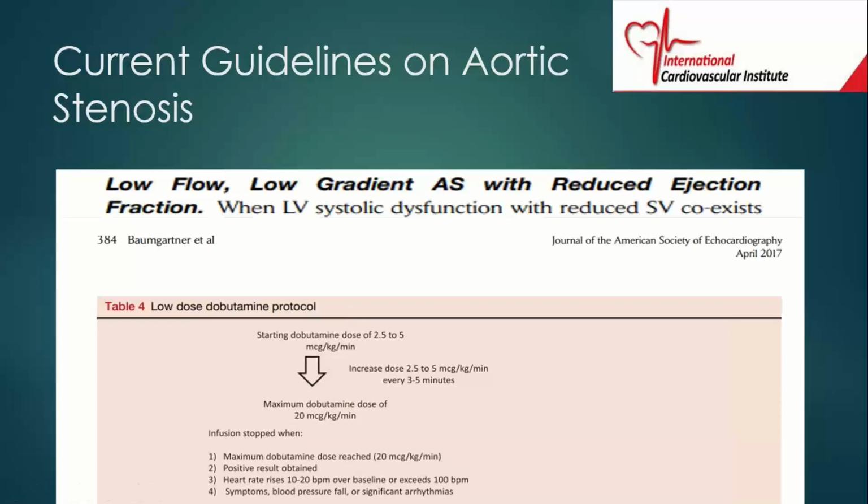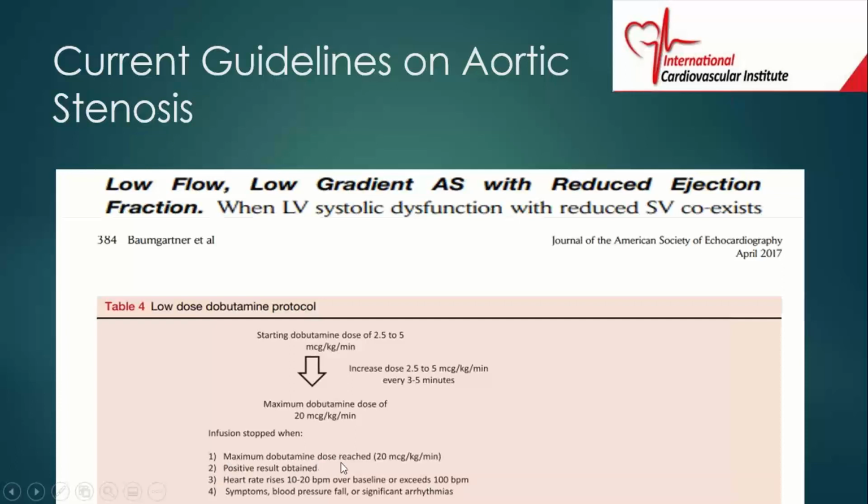How do you know you reached your target? So these are the things that we look at to determine if our target is met. So again, if the maximum dose of the dobutamine is 20, that you can't give anymore, the protocol is finished. If you reach the maximum of 20 micrograms per kilogram per minute, then the study is finished. Again, remember, you're starting at 2.5 to 5, and every 3 to 5 minutes, you're going to increase.